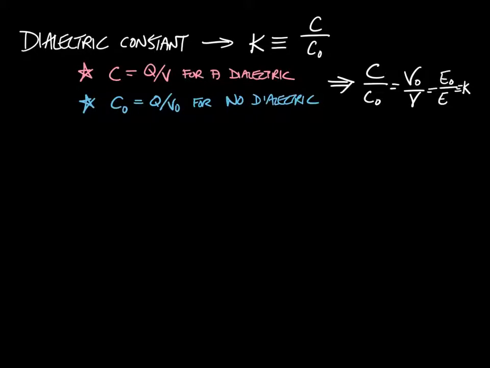So, where is this going? If we take that kappa and deal with the electric field like we were just paying attention to, kappa in terms of the electric field, so I can talk about kappa in terms of capacitance or voltage or electric field.